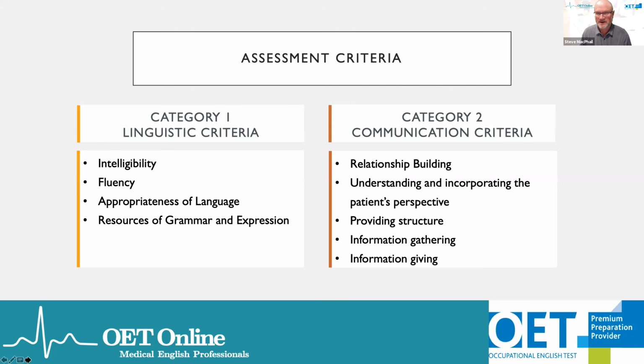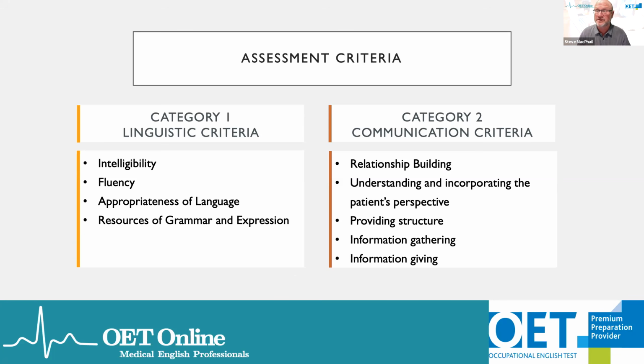Okay. Let's look at the assessment criteria. What do you need to do in order to get a B grade? Well, there's two categories of criteria. The first category is the linguistic criteria. That includes intelligibility.